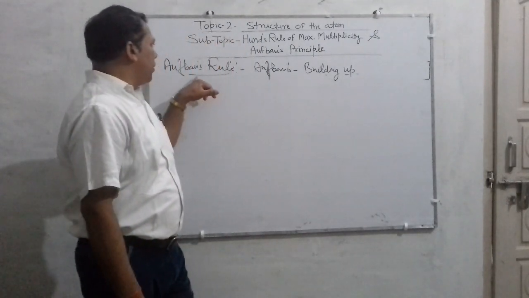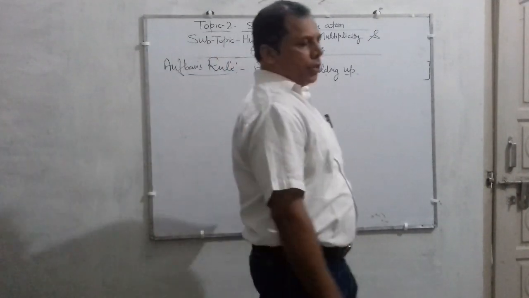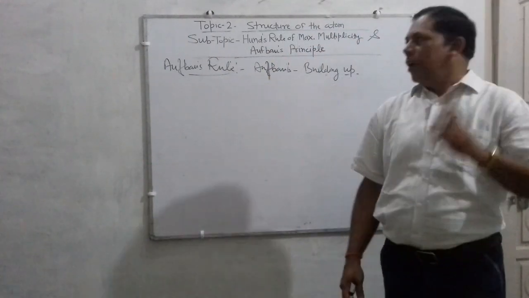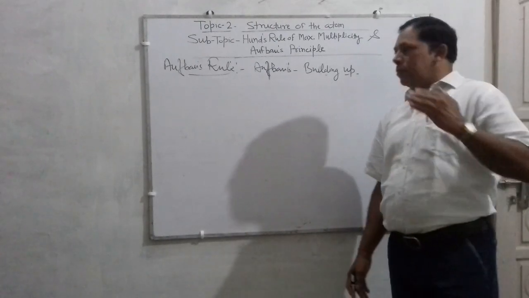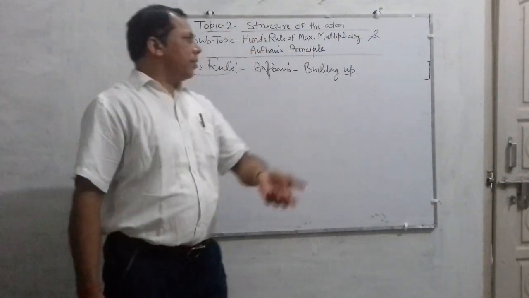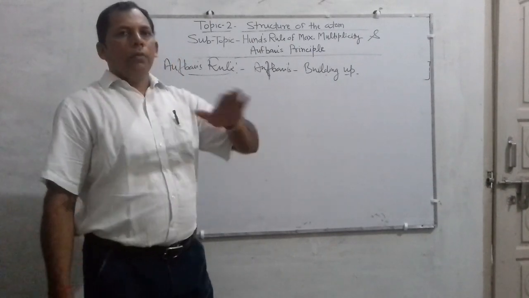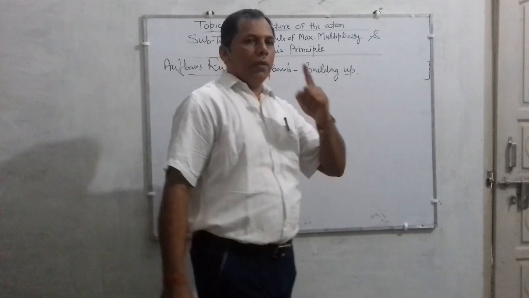And what is the statement of the rule? Listen sincerely: according to this Aufbau rule, the electron enters into the various orbitals in the order of increasing energy level. Listen once more.